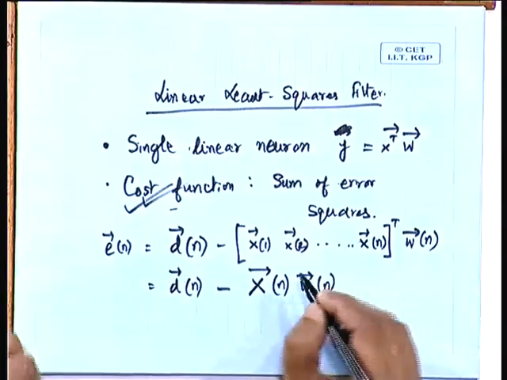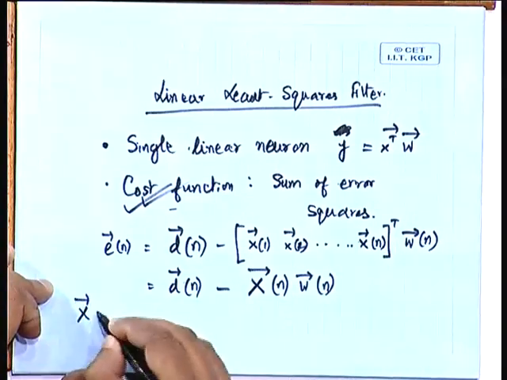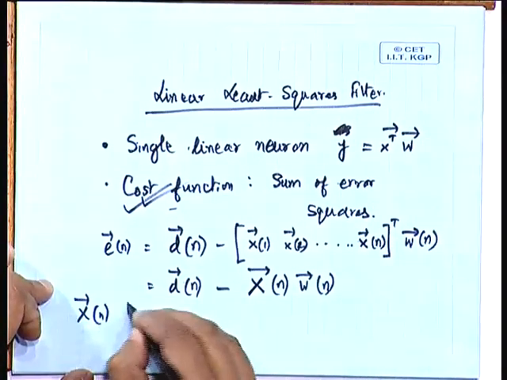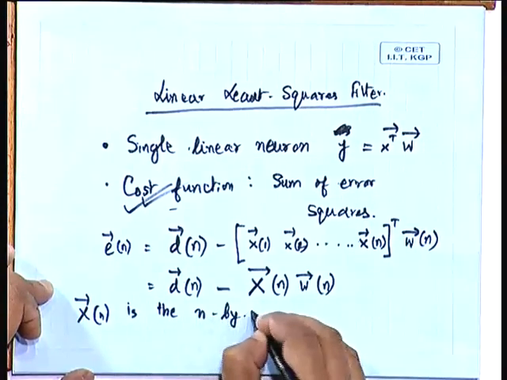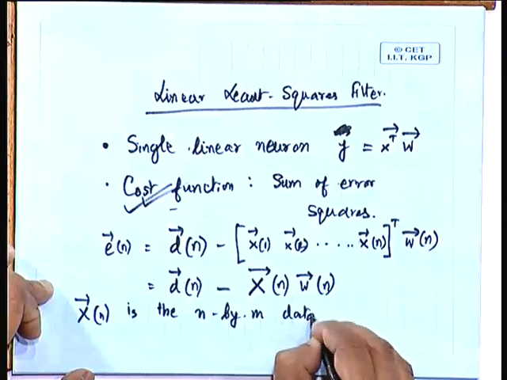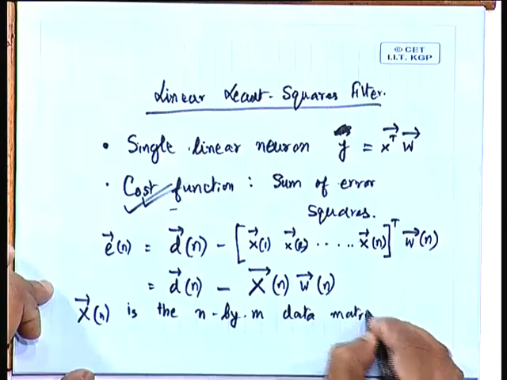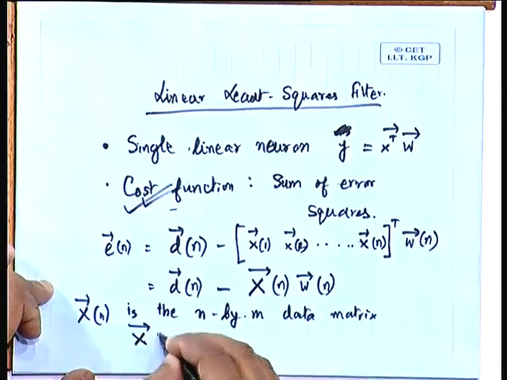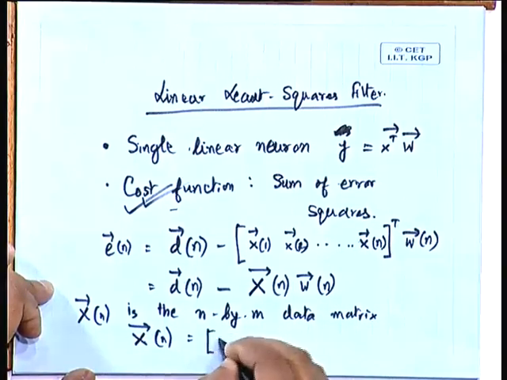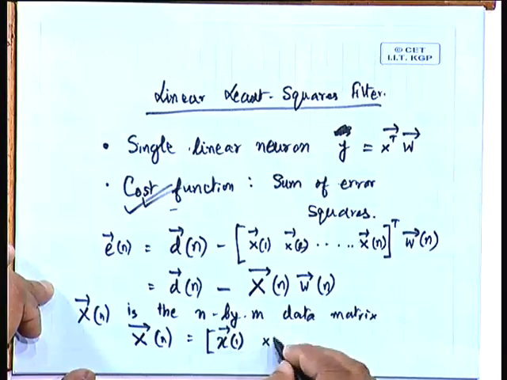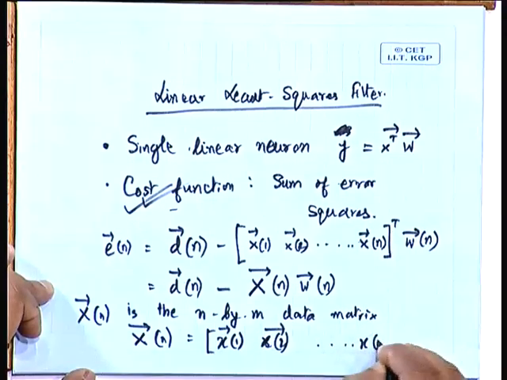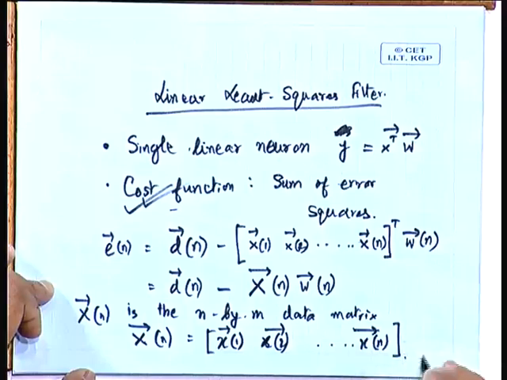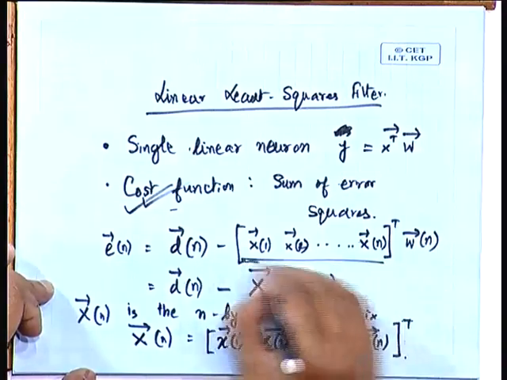The definition of this x matrix is that x n is the n by m data matrix, defined as x 1 vector, x 2 vector, so on up to x n vector, transpose, meaning this one.